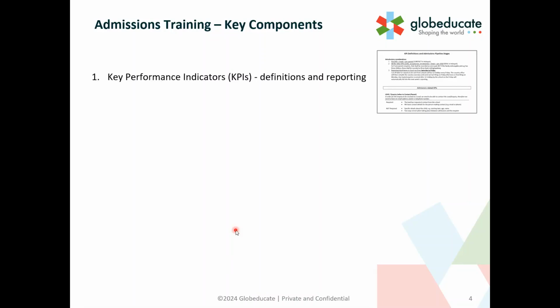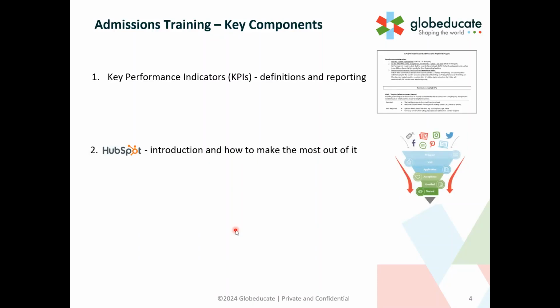So you will see a document, a PDF one, called KPI Definitions and Admissions Pipeline Stages, where you will find a detailed description of each of the stages we have just seen. So how do we define a lead, a prospect, a visit conducted, an application received, and so on.